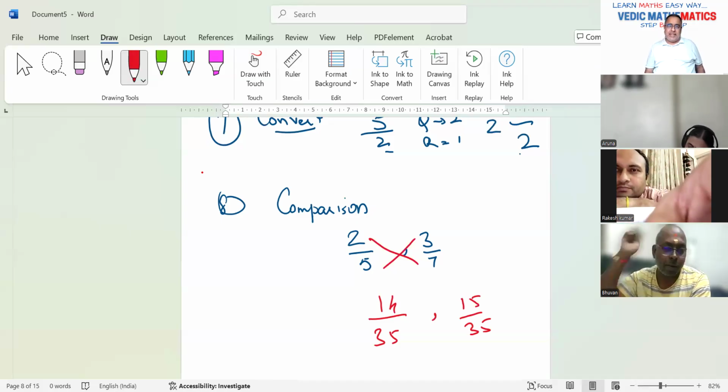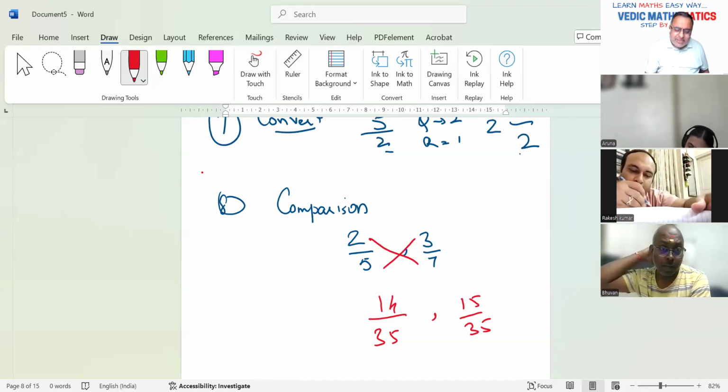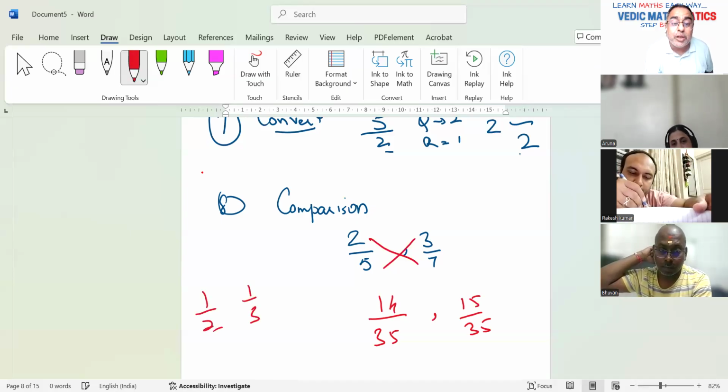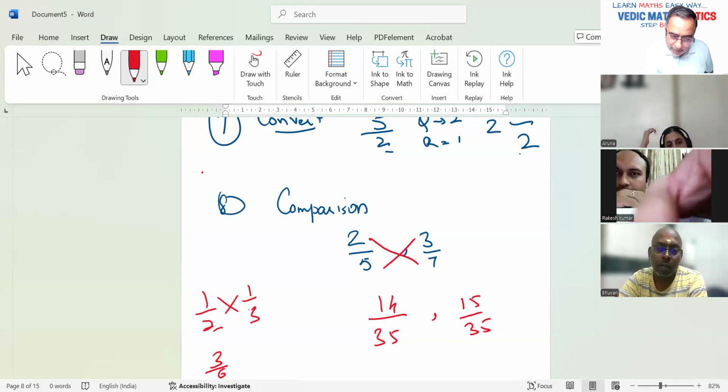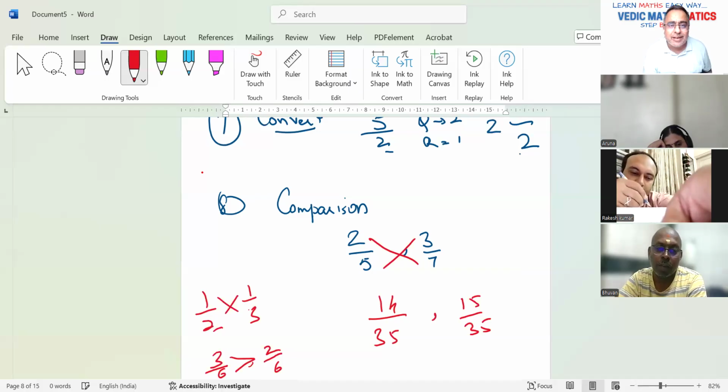Yes, 15/35. Correct. इसका बहुत simple सा example है. 1/2, 1/3, because this we know. So cross, 3/6 and 2/6. So we know this is bigger. है ना? Half बड़ा होता है ना.